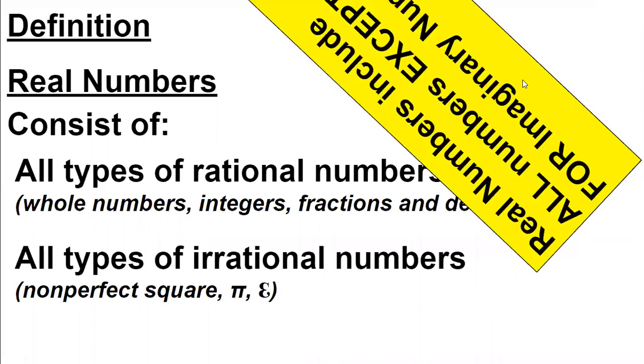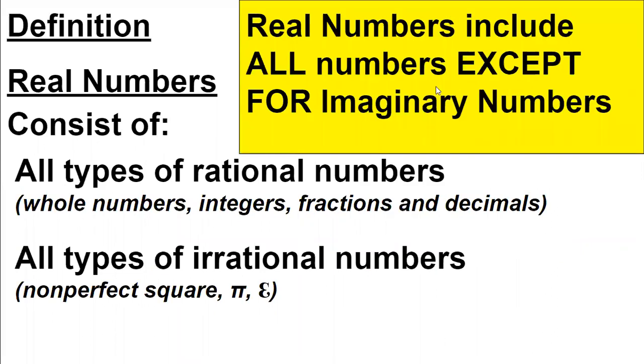So real numbers include all numbers except for imaginary numbers. We will not be talking about imaginary numbers in this class period, but this is what they look like. An imaginary number is equal to the square root of -1.